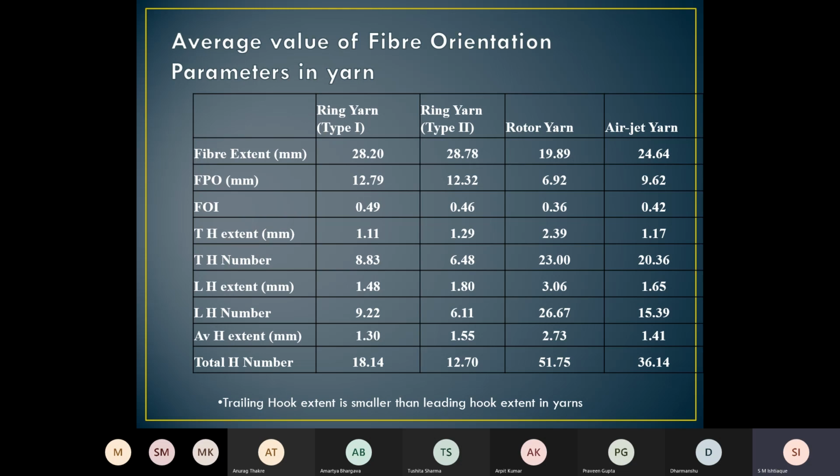So overlapping length will reduce. So ultimately, overlapping length is going to decide your yarn characteristics, and on that basis, if my overlap length is reducing, then we can say that is the reason that with a higher spindle speed my yarn strength is also reducing.